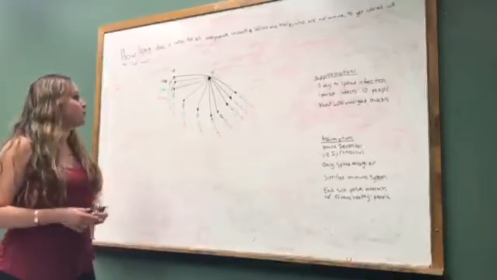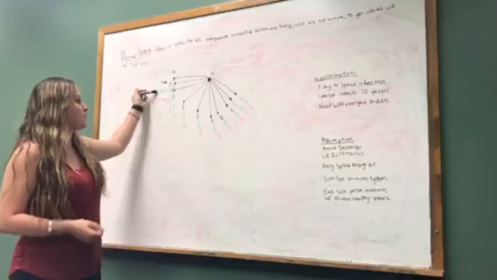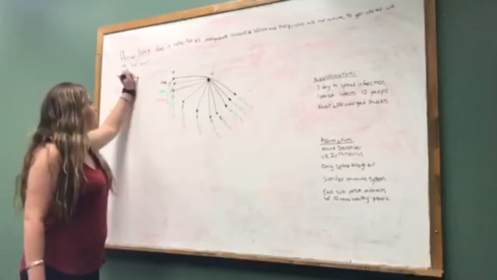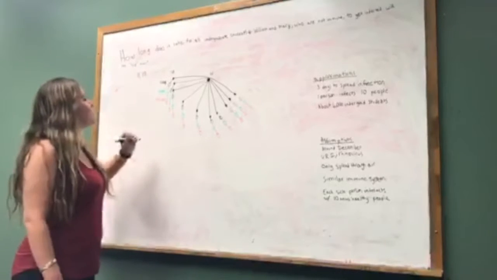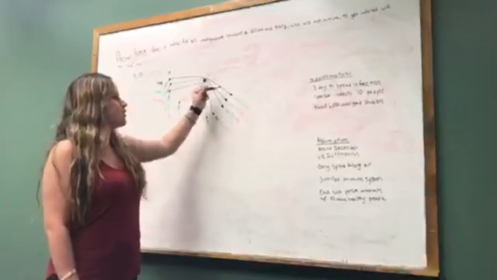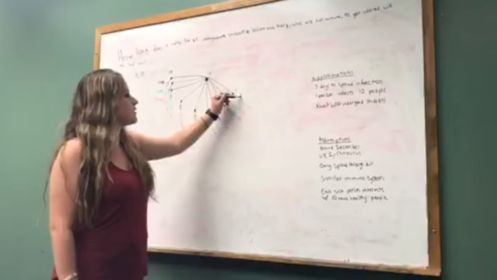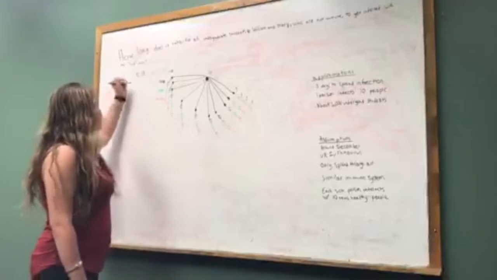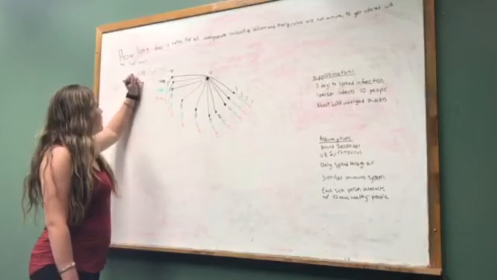So when you add these up, you get 10,000 plus 1,000 plus 100 plus 10 plus 1. You get 11,111. And as I said, each of these lines represents 3 days. So you would get 3, 3, 3, 3. 3 times 4 is 12.